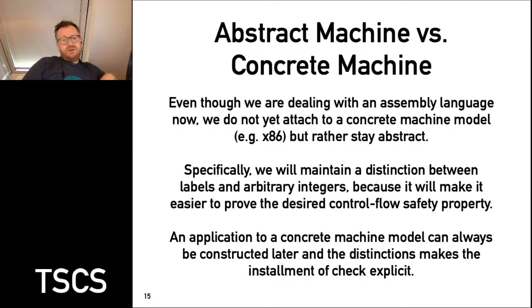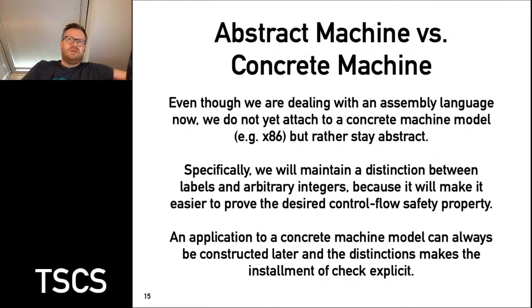One thing before we start, we're working on an abstract machine and we're not working on a concrete machine. Even though we're dealing with assembly language, we do not yet attach this to concrete machine models, something like x86. We stay abstract. Specifically for labels, the labels we can jump to, typically these are memory addresses, as you can see, arbitrary integers.